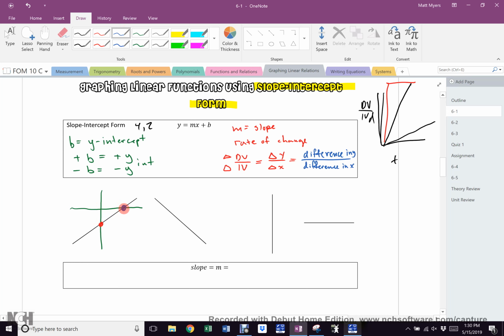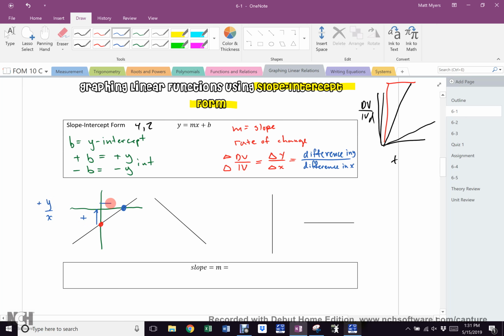If I wanted to check the slope, or the rate of change, I would need to check the y's over the x's, yeah? So here I am. If I go up, what is happening to my y values? Are they getting bigger or smaller? Bigger. So that's a positive change, isn't it? So right here would be positive y.